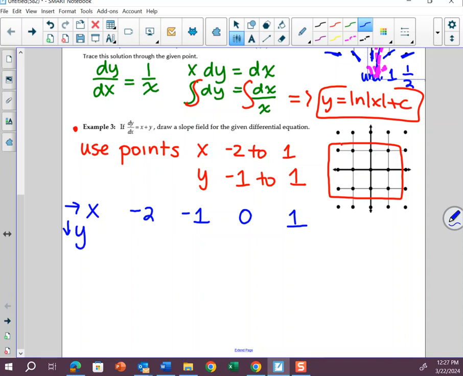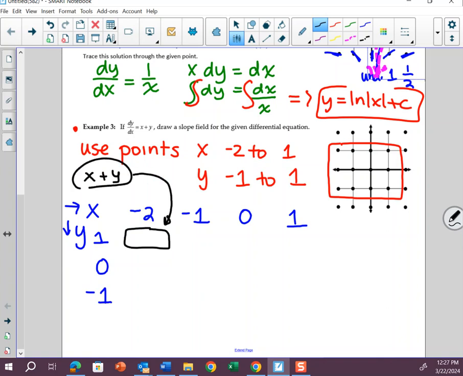We have a y of 1 and 0 and -1. And in each little box, I'm going to write the slope, the result of x plus y. Okay. This is just one way to organize it.